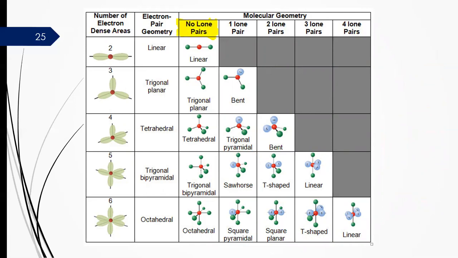You can see it's linear here for the electron, linear here when there's no lone pair. When there's one, it starts to change how we name them. So the first one is, if we look at our trigonal planar, if we add in one lone pair, we're going to try to name this shape left over. And you can see it kind of looks like a V, and that's how it gets its name, bent.